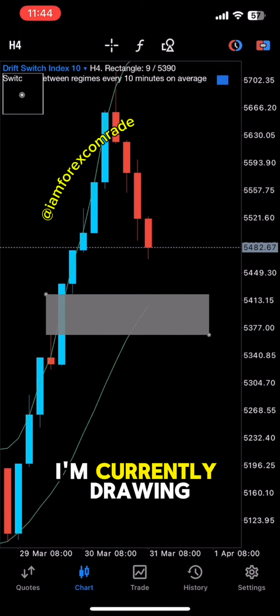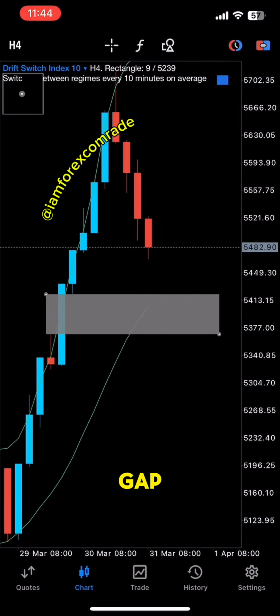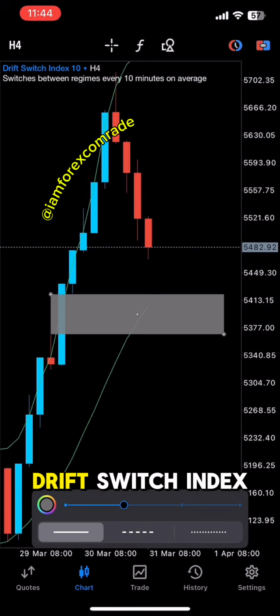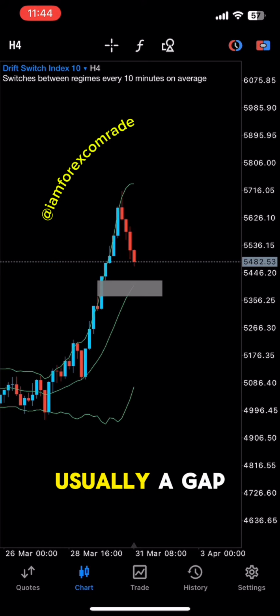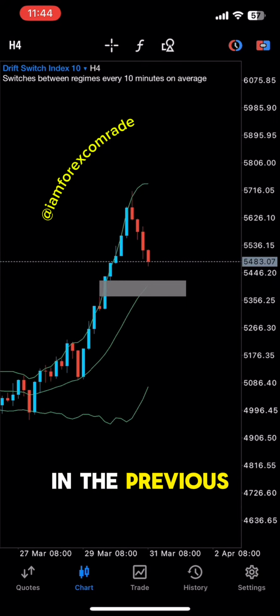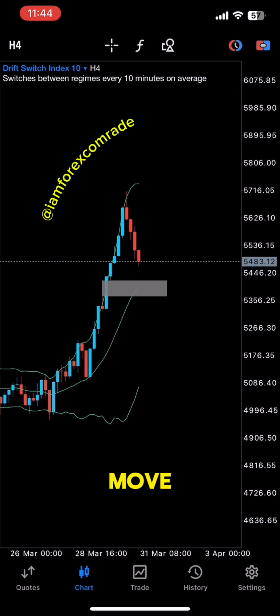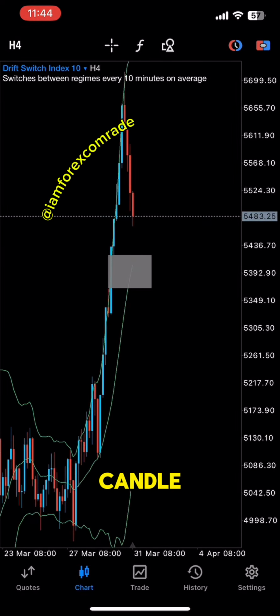Right now I'm drawing a fair value gap on the Drift Switch Index 10. The fair value gap is usually a gap between the next and the previous candle after a very big move, so it's marked by that big candle.